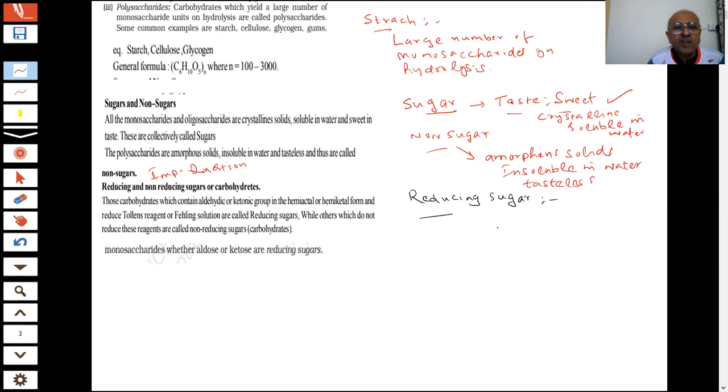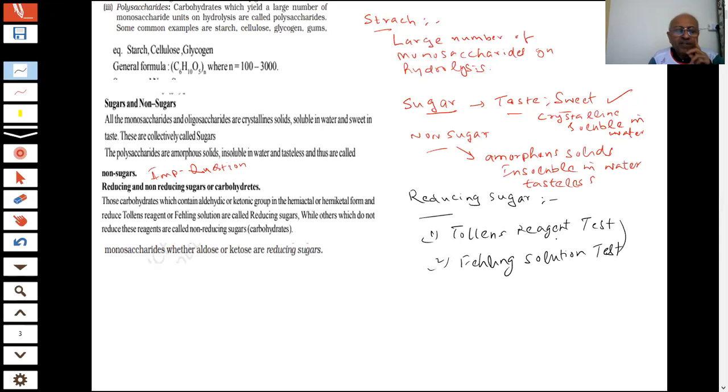Which test are we talking about mainly? These are the Tollens' reagent test, student, and the second is the Fehling's solution test. Whenever there is a free CHO group, they will give these tests.